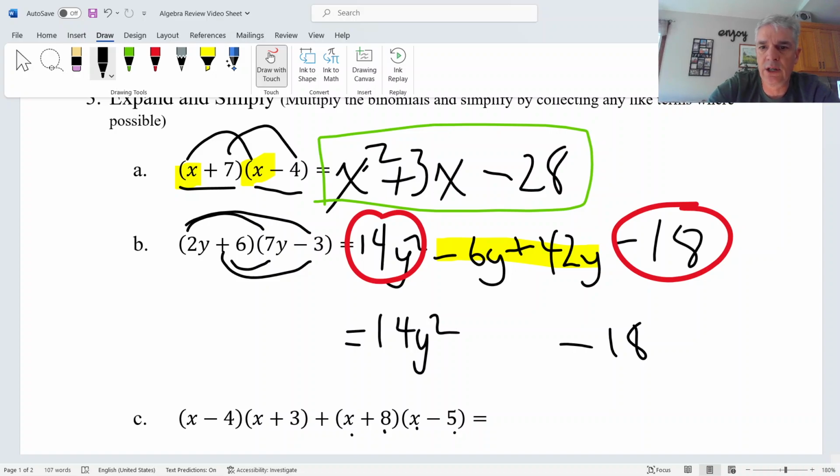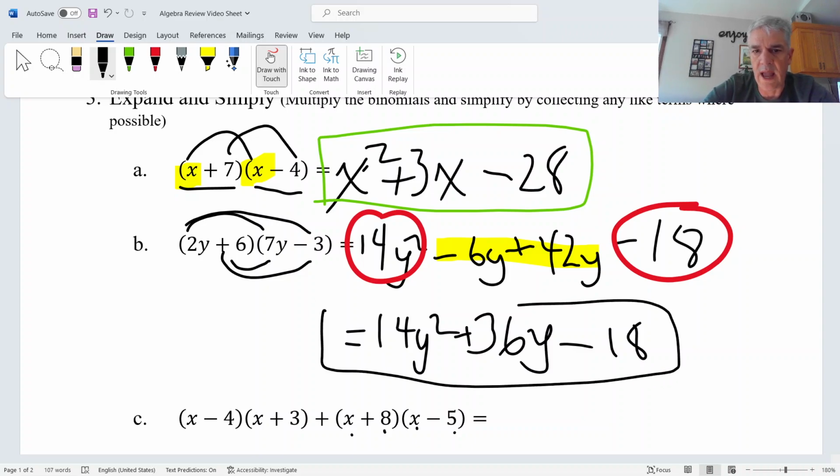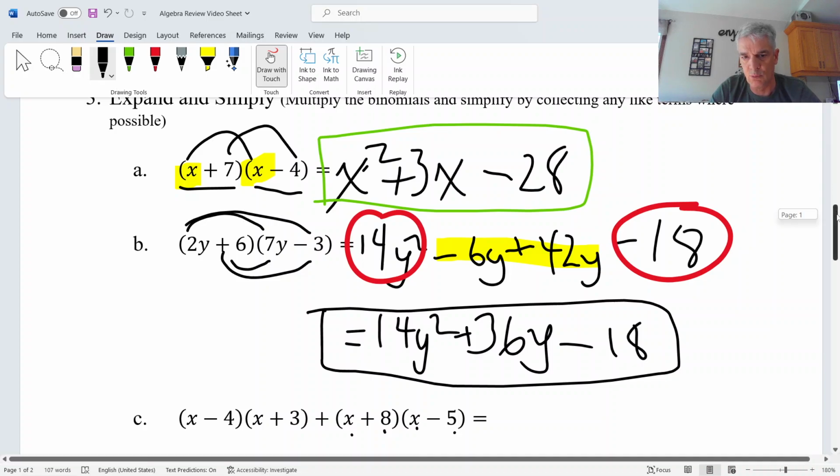Then I bring these two together, and minus 6 plus 42 is positive 36y. And that is our final answer. And again, we have a trinomial: 1, 2, 3 terms, 14y squared one term, 36y another term, and minus 18 another term. That is basically how that system works.